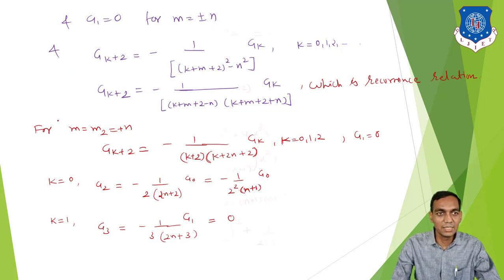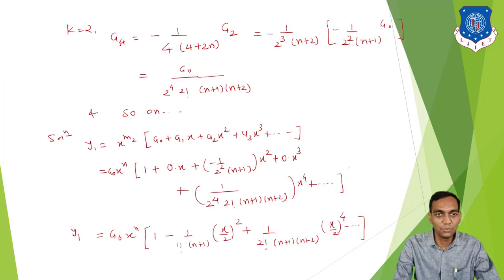Now put k equal to 2, that gives a4 equal to minus 1 upon 4 into (4 plus 2n) into a2, but a2 is nothing but minus 1 upon 2 square into (n plus 1) into a0.